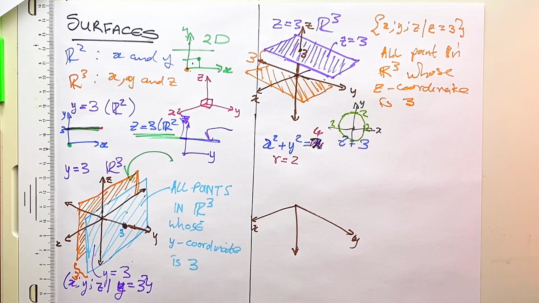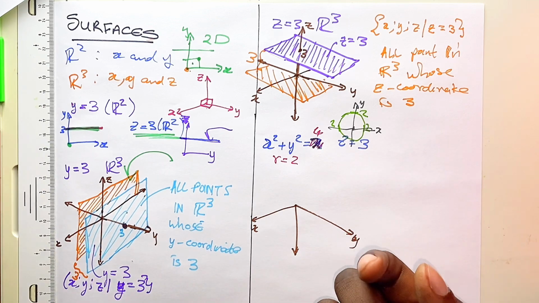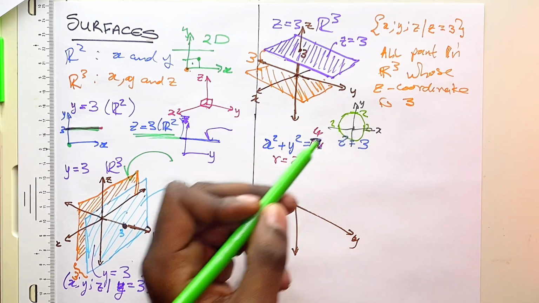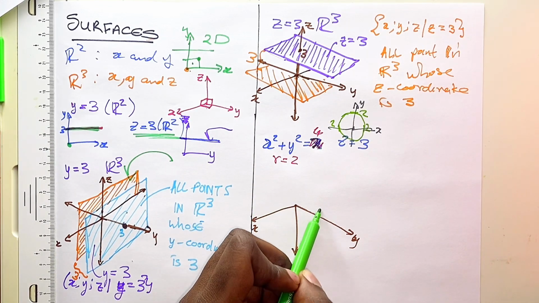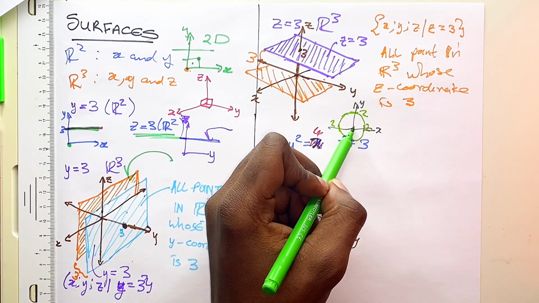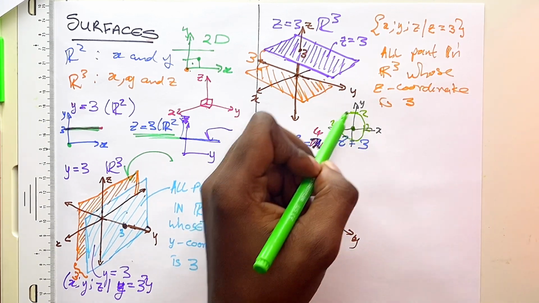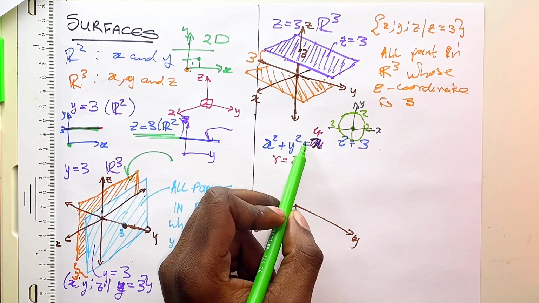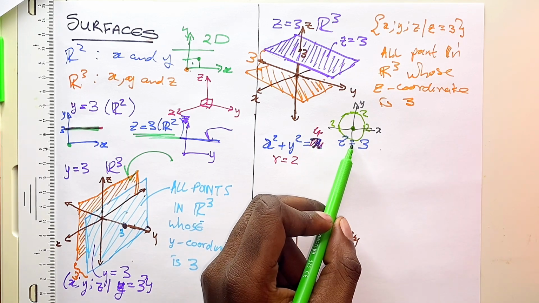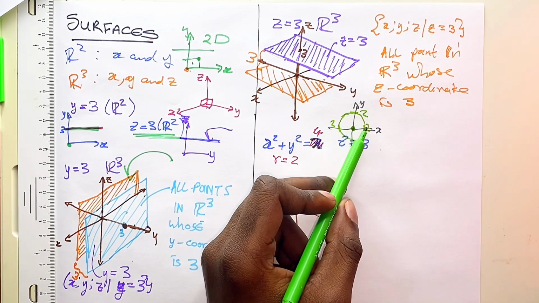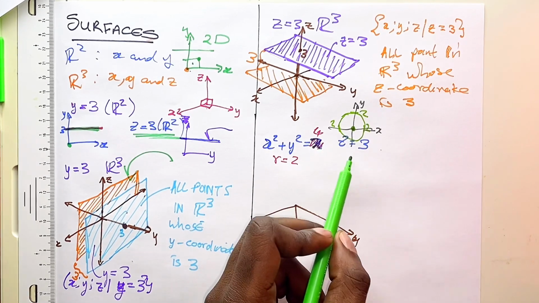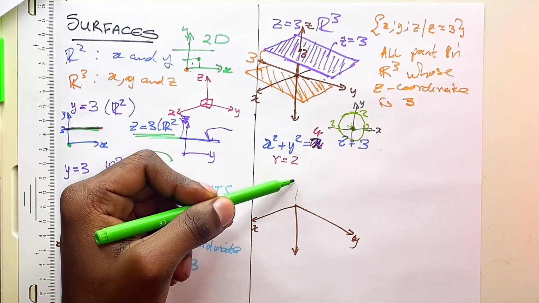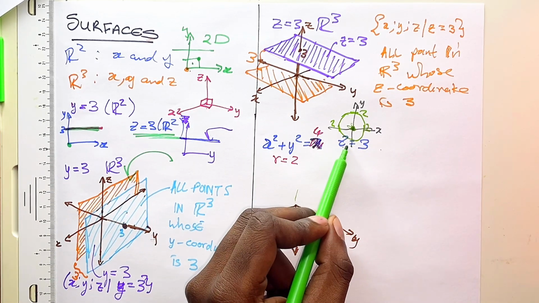Now the thing that you may not have noticed all this time is that there's a third dimension coming out. So this circle is actually going around xy like this with the z-axis as its axis of rotation. So now that I have x squared plus y squared equal to 4, but my z is equal to 3, it means that I have the same type of circle with the radius 2, but now it comes up in this axis. So it will go up in the z-axis at z equal to 3.